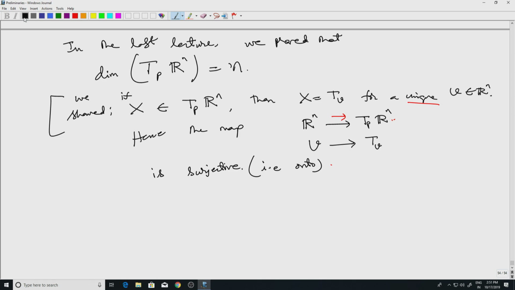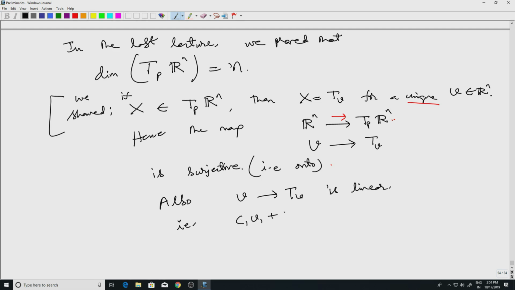So in other words, this map is a bijection. But not only is it a bijection, this map is also linear. Also, V going to TV is linear. And i.e., what does this amount to?